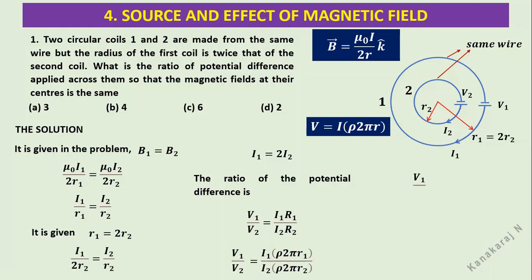We get V1 by V2 equals I1 R1 divided by I2 R2. Let us replace I1 by 2 I2. Let us replace R1 by 2 R2. So we get V1 by V2 equals 2 times I2 into 2 times R2 divided by I2 R2. So I2 cancels, R2 cancels. So the final answer, V1 by V2 equals 4.